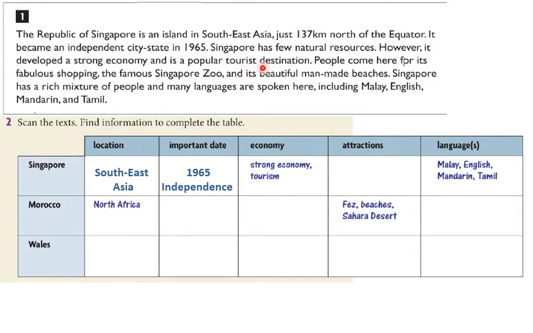Tourist means visitor. We can say that Singapore is an attraction place for tourism. So it has a strong economy and is also considered a tourism attraction place. So the source of the economy is from tourism. Tourism is a noun of tourist.